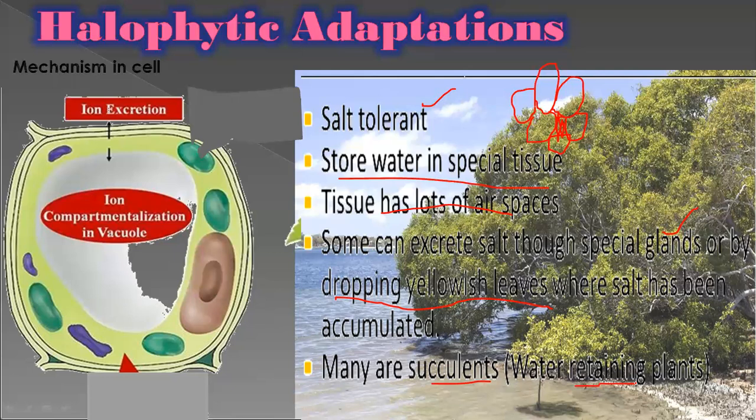Like aloe vera, you have seen the picture, it absorbs more water and then changes into a gel-like structure. So they also have succulent organs which can absorb and retain more water, and that water is used to accommodate the problem of more salt in their tissues.